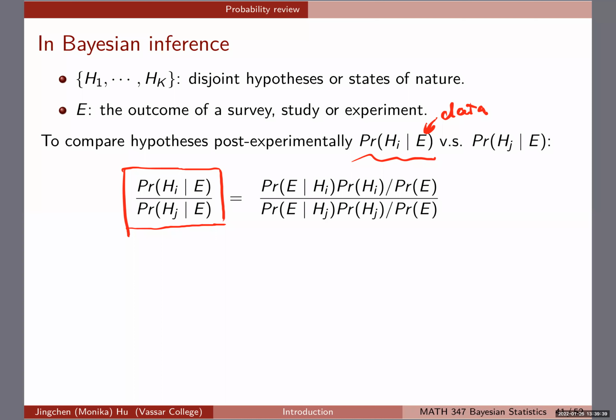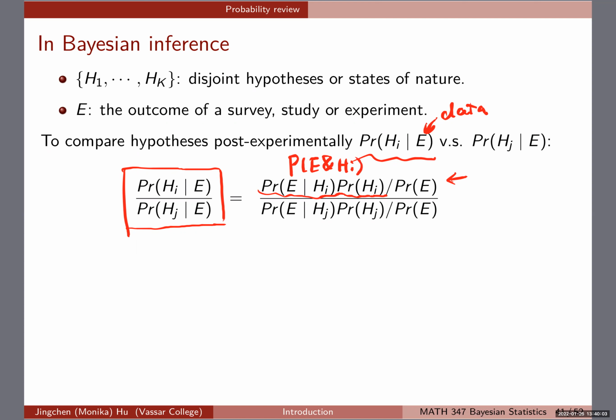Mathematically, given Bayes' rule, on the right-hand side we can express the posterior probability of HI given E. If you remember, we have the joint at the top, the joint of E and HI.